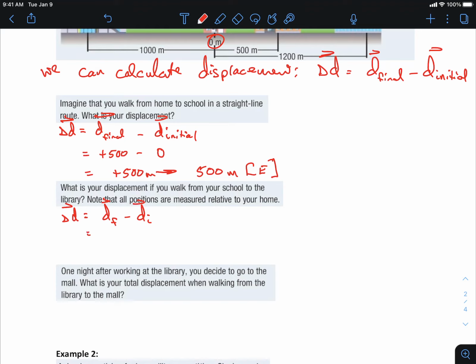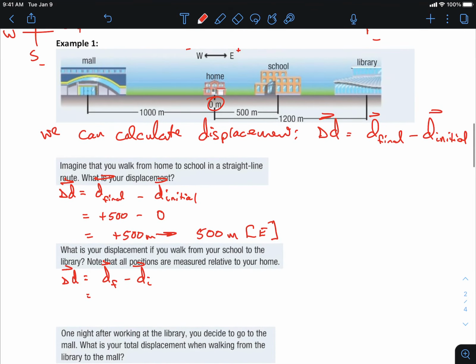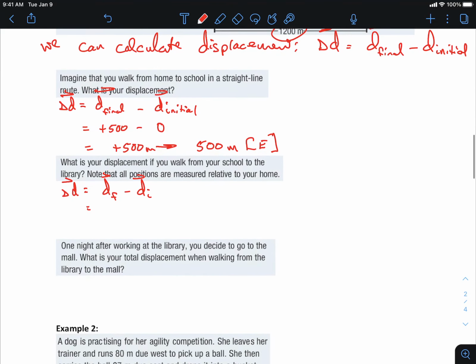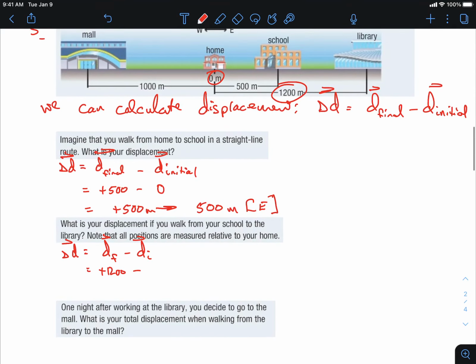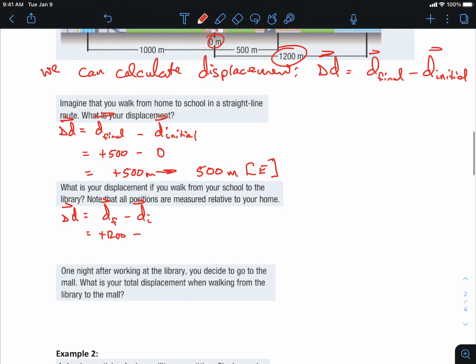I'm going to say, okay, well, what's the final? Well, the library is way over here. It's like 1,200 meters, right? So we're going to say positive 1,200 minus, what's my initial spot? Well, my initial was, I was going from the school, right? So the school is positive 500. So it's minus positive 500.